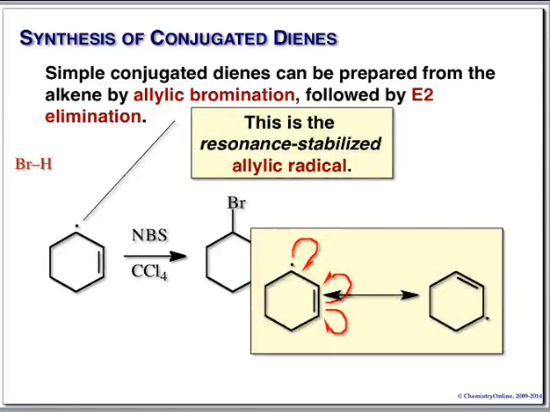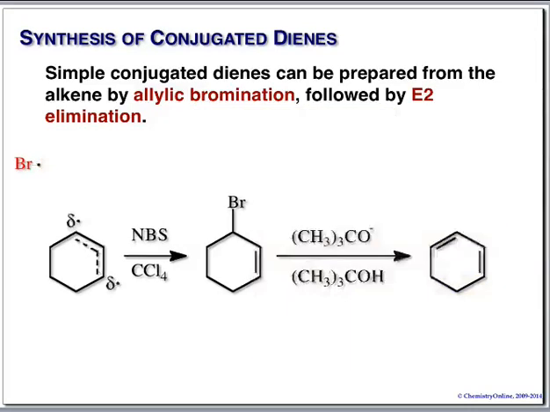Once we have our radical character established, all that happens is Br dot is going to add here, get our product, and then once again we do elimination. Any questions? We did this back in 234.